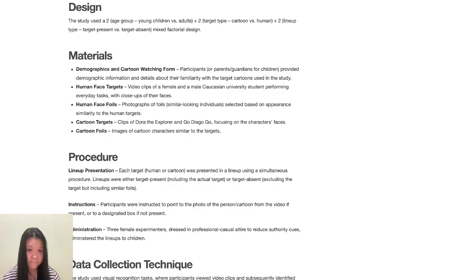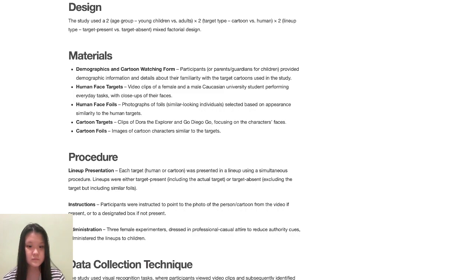So the participants went through two different types of experimental design. So they went through independent measures, so that a comparison could be made between the sample of children and the sample of adults. And then the repeated measures were used for the lineup. So this was used for target present and target absent to see the rate of false positives.